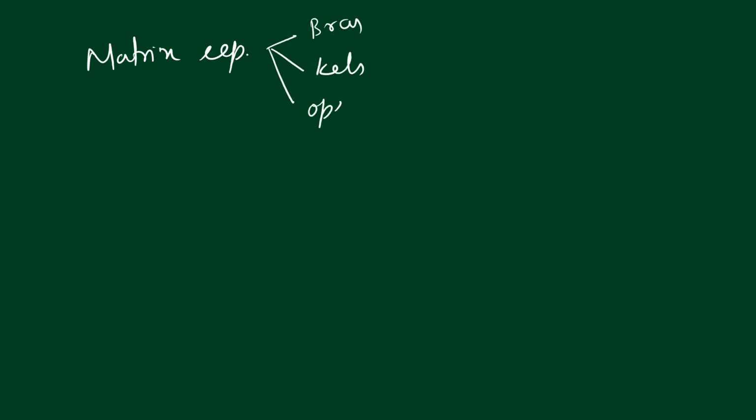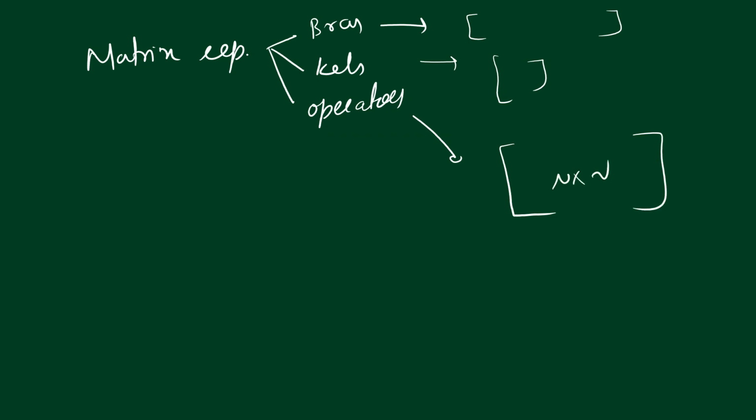We have been discussing the matrix representation of bras, kets, and operators. We said that bras can be represented by a row matrix, kets can be represented by a column matrix, and operators can be represented by an n by n square matrix.